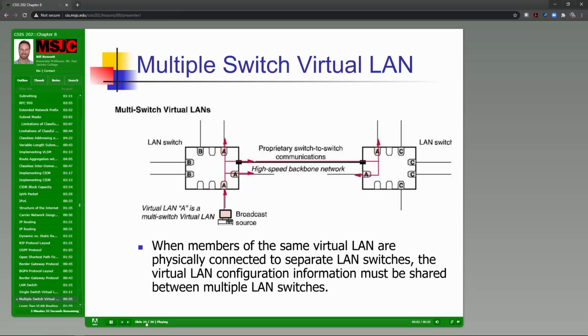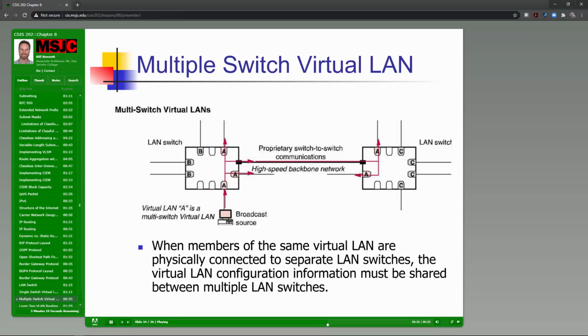So this graphic is still showing virtual LANs. You can see that there are two switches now, and the left-hand switch has several ports assigned to A, and then the right-hand switch also has several ports assigned to A. Again, all of the devices that are virtually assigned as being part of segment A, or subnet A, network A, however you want to refer to it, can all communicate with each other.